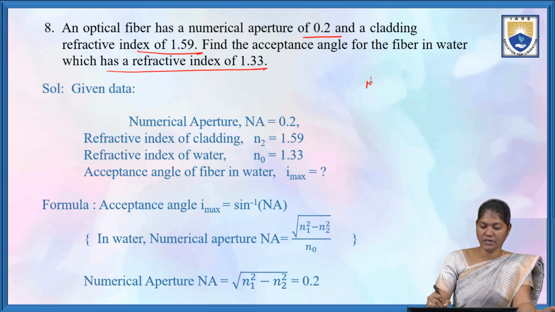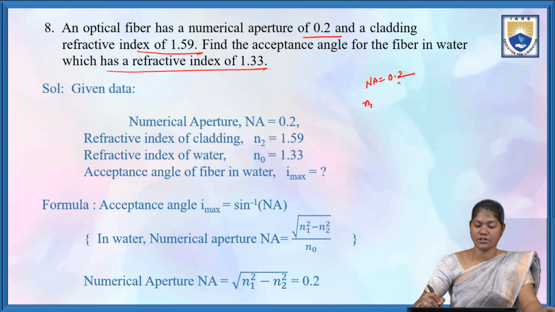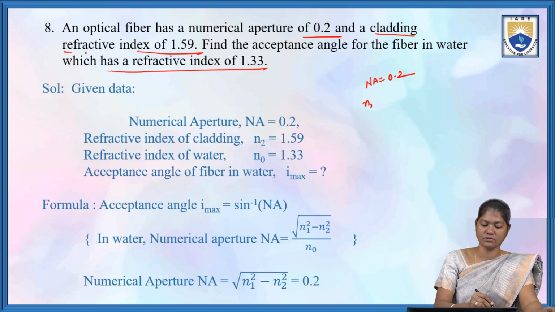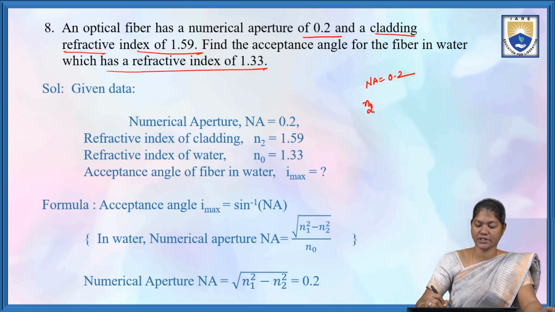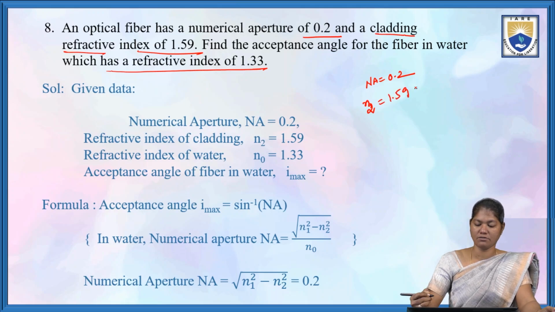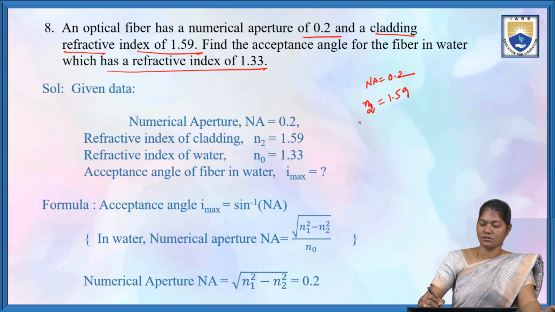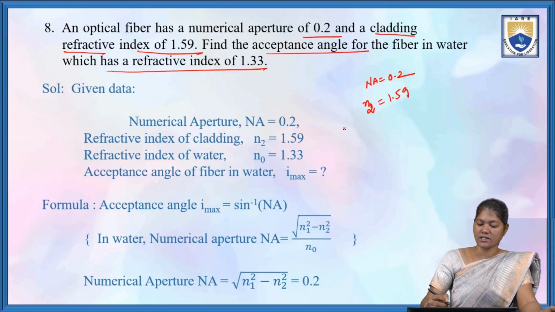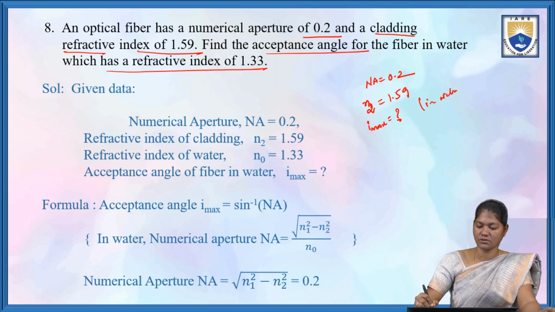So here numerical aperture is equal to 0.2, and the cladding refractive index, mentioned as N2, is equal to 1.59. And we need to calculate the acceptance angle i maximum, in water.